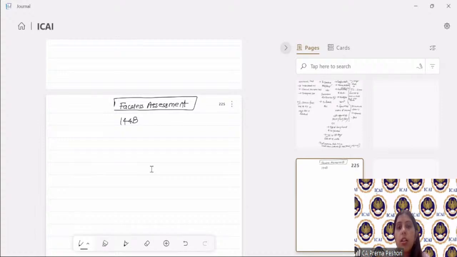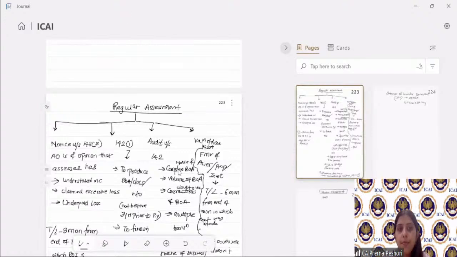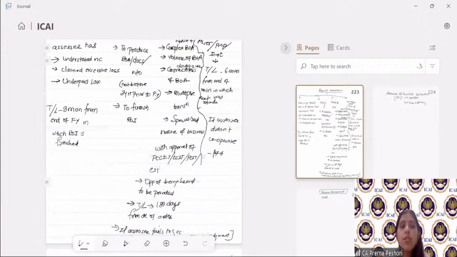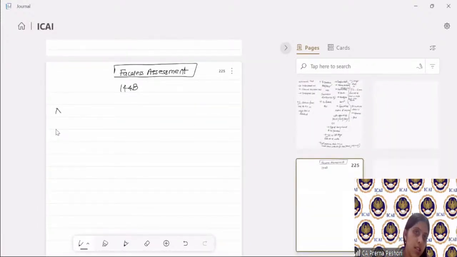Now, when I said that this 143(2) notice will be issued, that the assessment is starting, this notice will be issued by a National Faceless Assessment Center, NFAC, National Faceless Assessment Center. Now, what is this National Faceless Assessment Center?